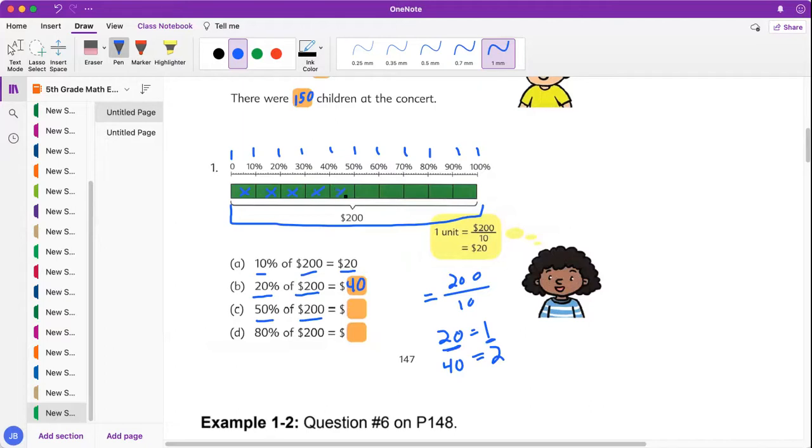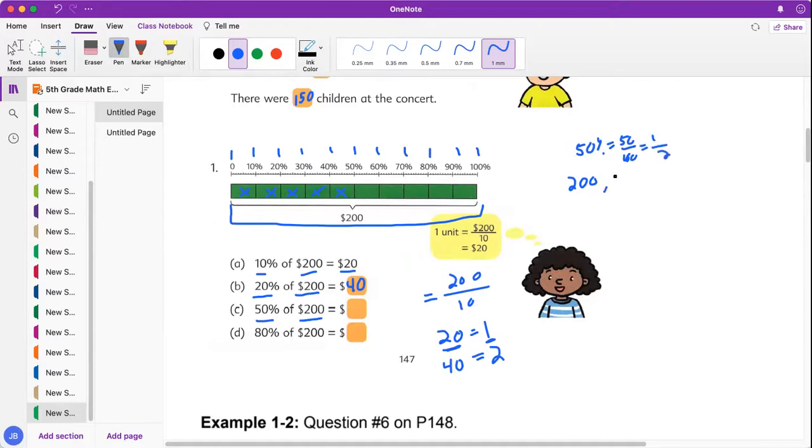Hanjin, do you have a question? No, so does that mean you just divide 200 by 2? Do you just divide it by 2 or 5? Yeah, so if we know that 50% is equal to 50 over 100, that's also equal to 1/2.